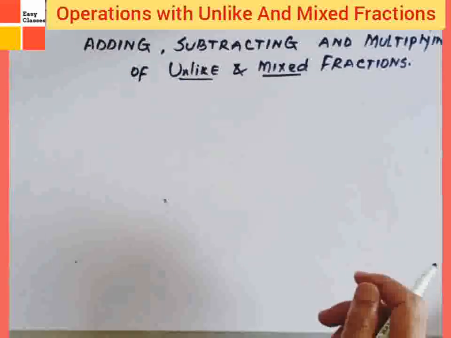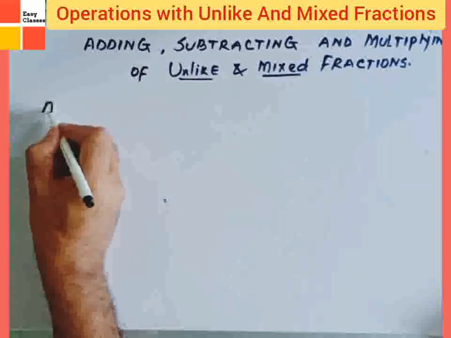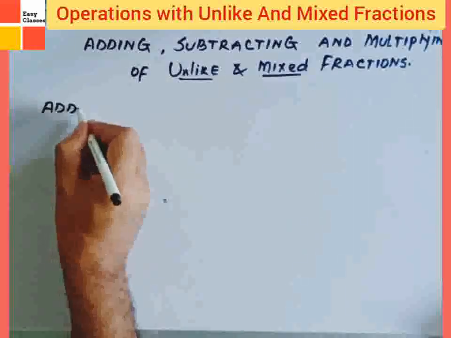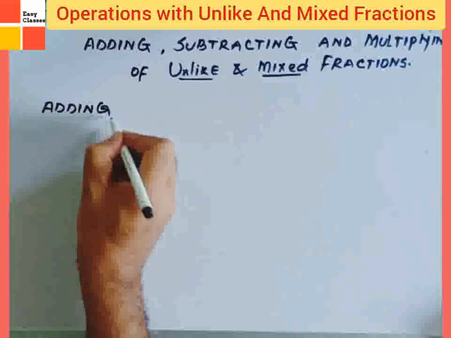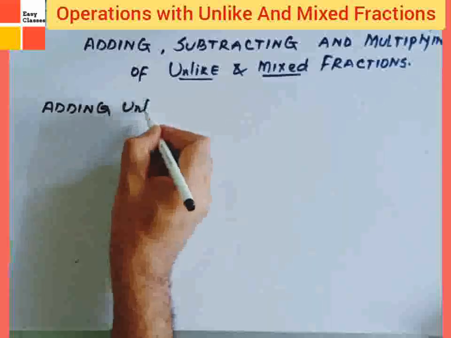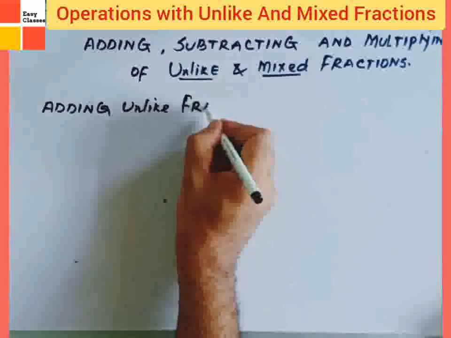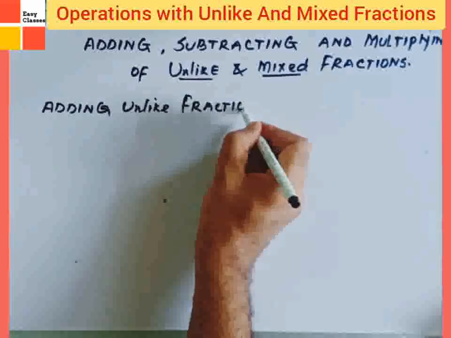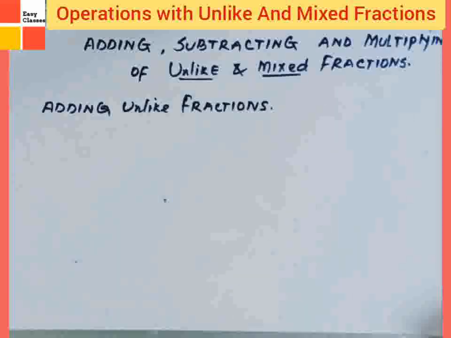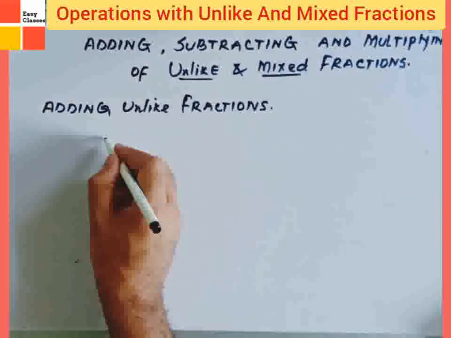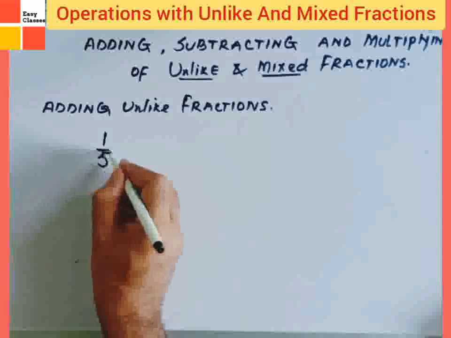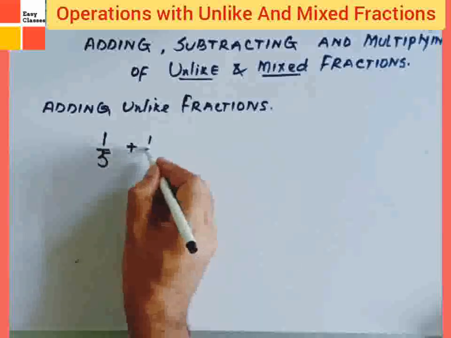Okay, so let's start first with adding unlike fractions. Say for example we have to add 1 by 5 with 1 by 2.